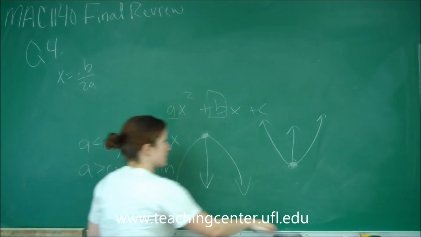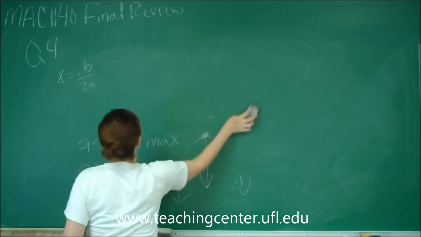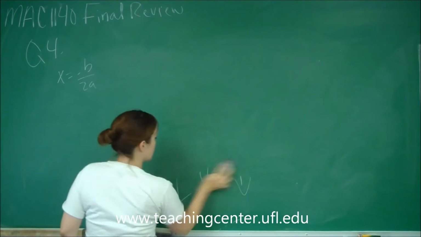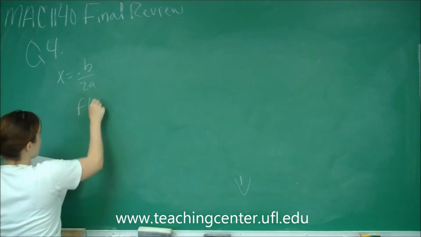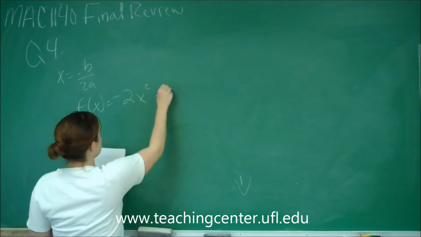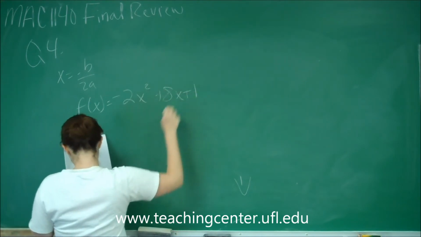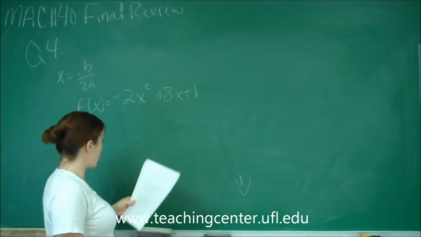And then C wants us to sketch a graph. We can do that really quick. It says sketch f of x is equal to negative 2x squared plus 8x plus 1. And then we're going to find the maximum or minimum value of the function and the range of the function.